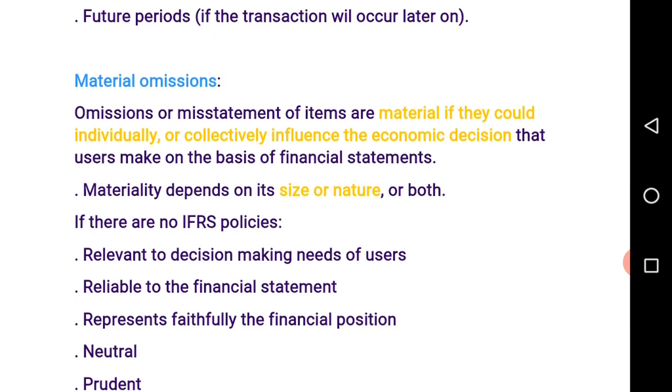The money was not squandered or wasted, so that money is material. The price of an aircraft is material. Then it says it will influence economic decisions that users make on the basis of financial statements.